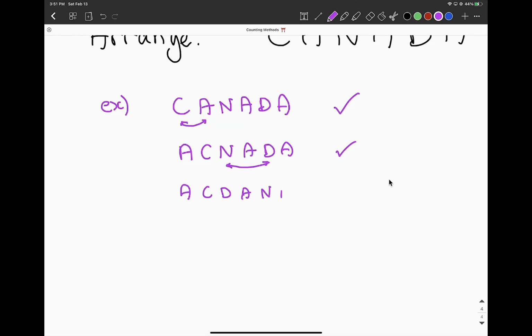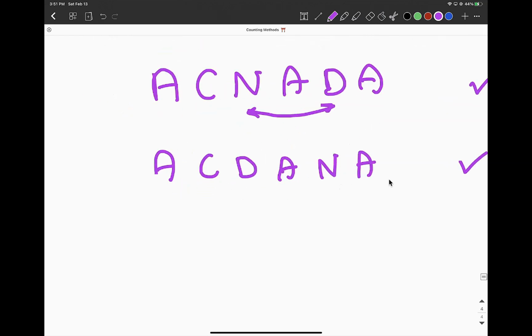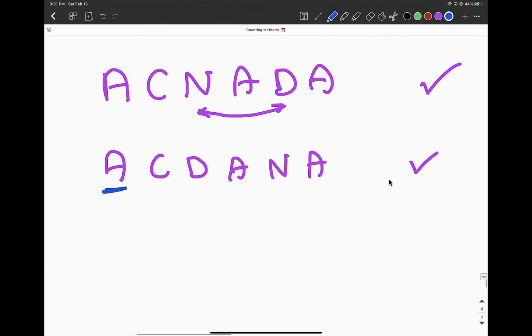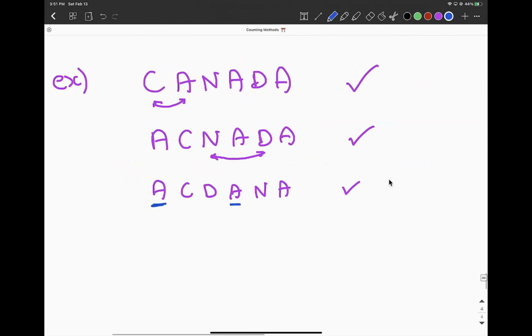But this logic breaks down the moment I decide to arrange or move duplicate letters with one another. And as you might be able to predict, even though I wrote the second A first and this first A in that spot, you saw me move them, this is not unique.